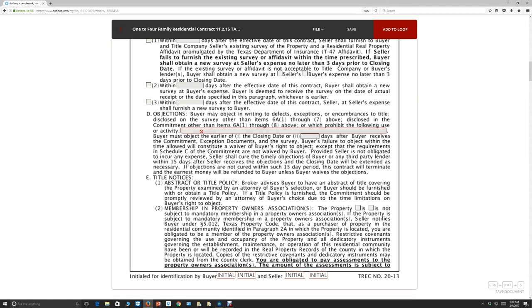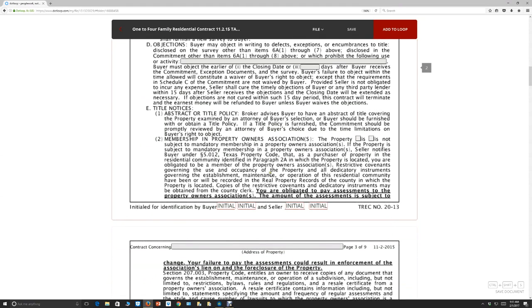So if the title or the survey or anything shows that they can't put a swimming pool in, that might be a reason that they want to object. Then you put after how many days after the buyer receives the commitment the buyer waives their right to object. You want to give your buyers a few days to look over the title commitment and make sure whether they object to anything they see.